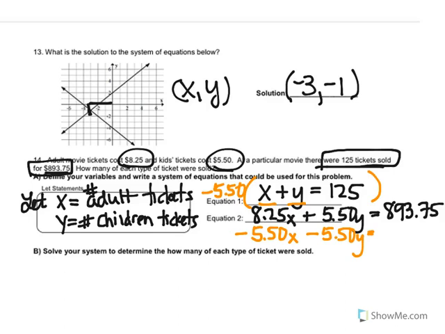And then when I multiply that times 125, I'm going to get -687.50. Now I can take those two equations and combine them. So we end up with 2.75x, these cancel out, equals 206.25.